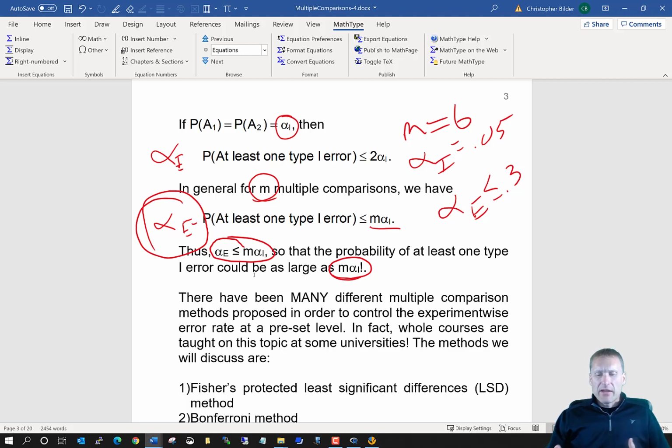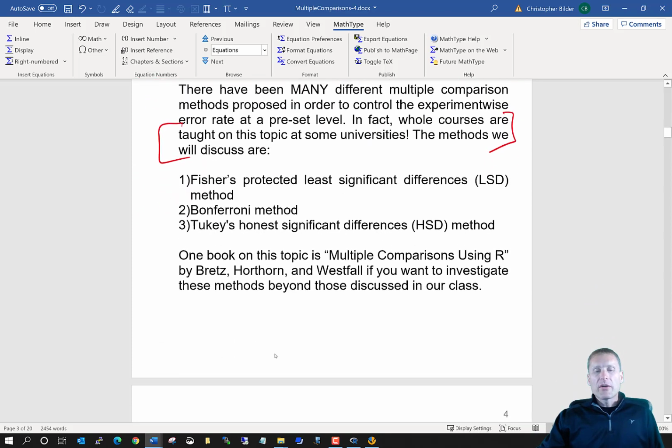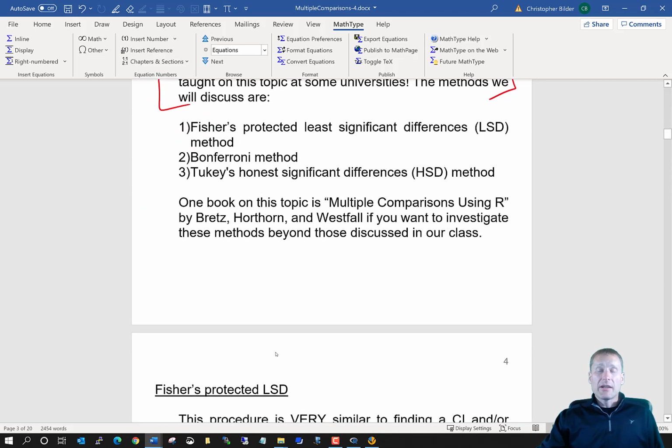There are whole courses taught at some universities devoted to just multiple comparisons. We're going to focus on 3 commonly used multiple comparison methods.